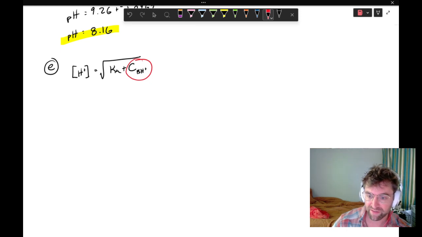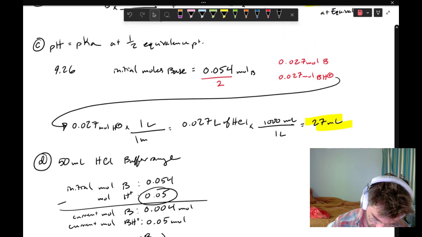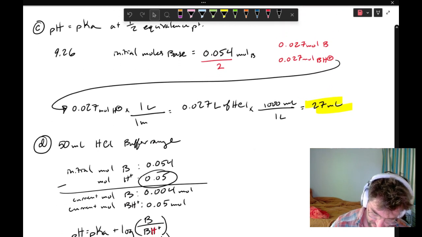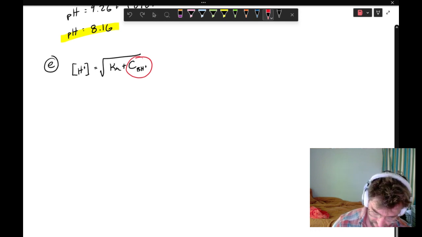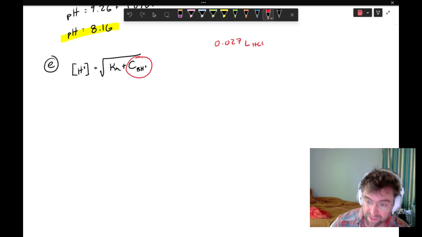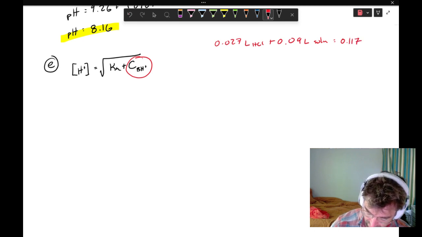So at our equivalence point, we added 27 milliliters of HCl. We started with 90 milliliters. So our new total is 0.117 liters.